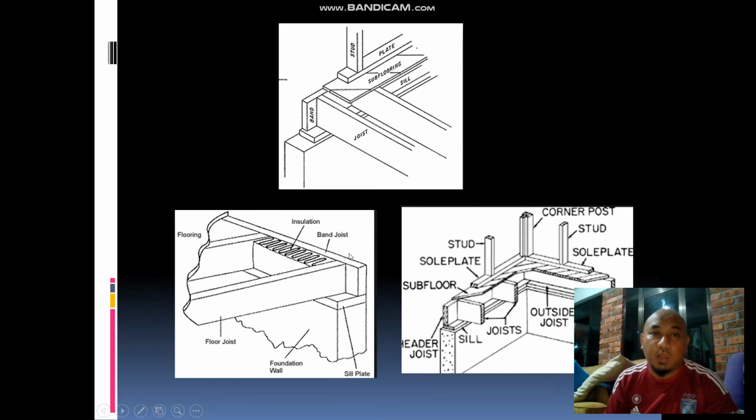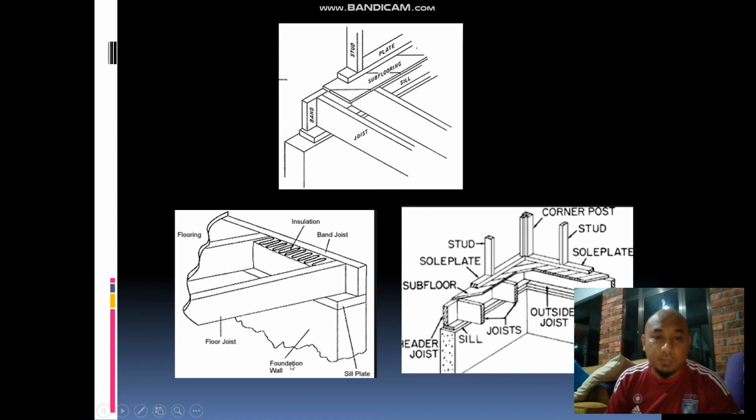Okay, so this is another installation for the timber floor. So they have the band, the joist, the stud, the plate, the subflooring and sill. So you must understand the placing, the installation of every type of element for the construction of the timber floor, right?